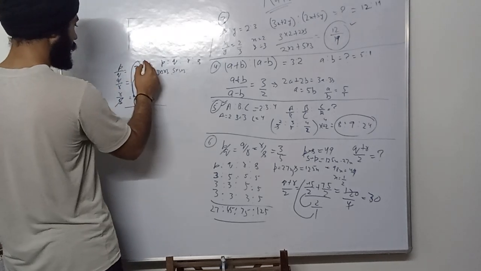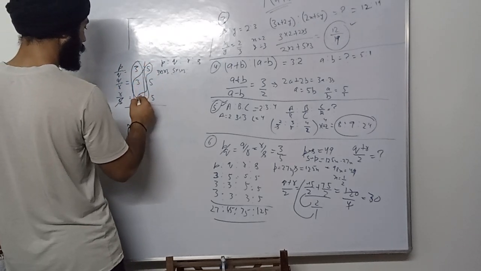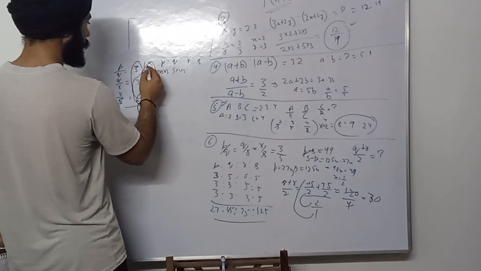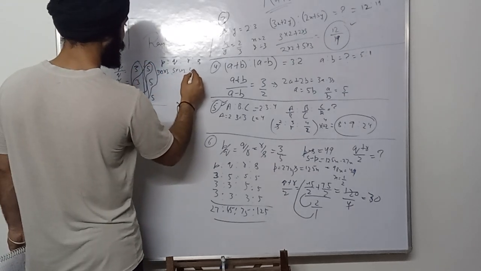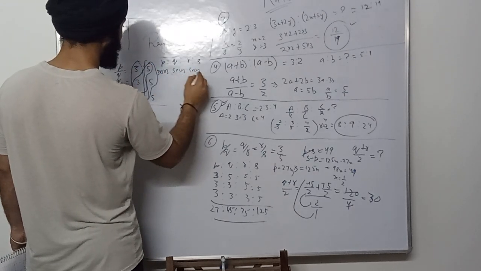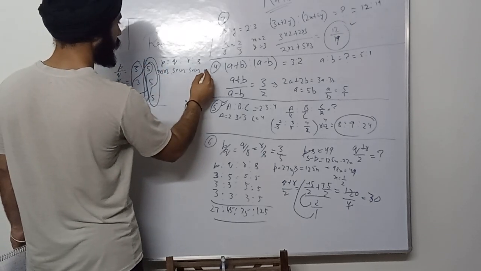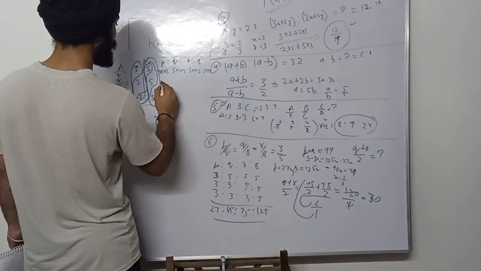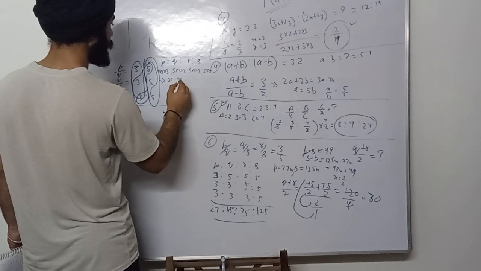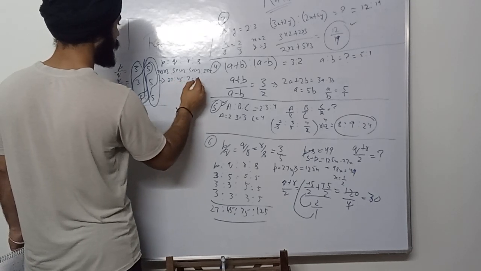For R, we are going with this 5 into 5 into 3. For S, we are going with this 5 into 5 into 5, and we will get the same answer, 45, 75, 120.